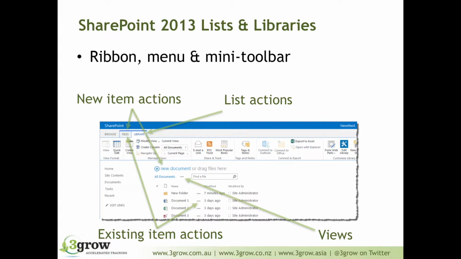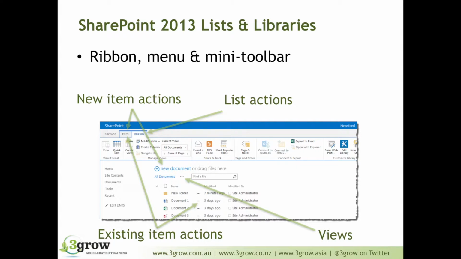What did confuse people a little bit in SharePoint 2013 is that on the Files tab of the ribbon, the first two options allow you to create a new document and upload a document. There is that mini toolbar that also states new document. However, what confused people was the fact that that's not actually going to allow you to create a document. That's actually a shortcut to upload a document.